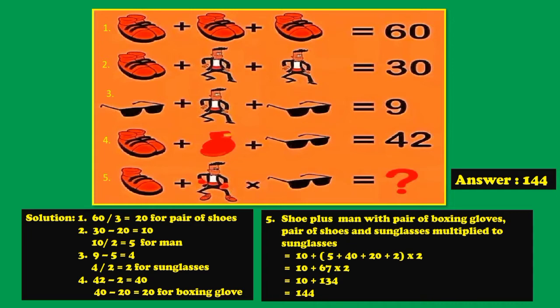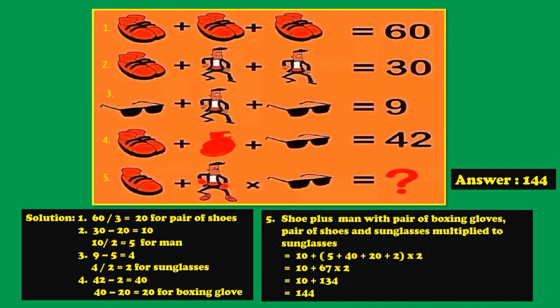So how are we able to get the answer of 144? Here's the step-by-step process in getting the solution of this image. In the first part, we have 3 pairs of shoes equivalent to 60, so 60 divided by 3, and every pair of shoes is equivalent to 20.